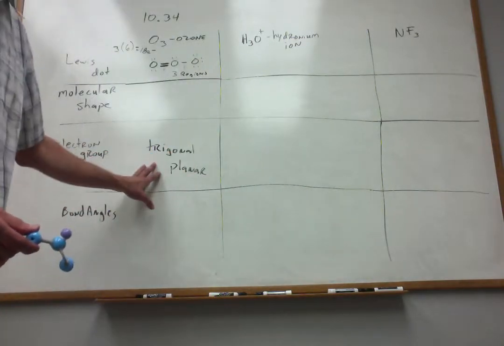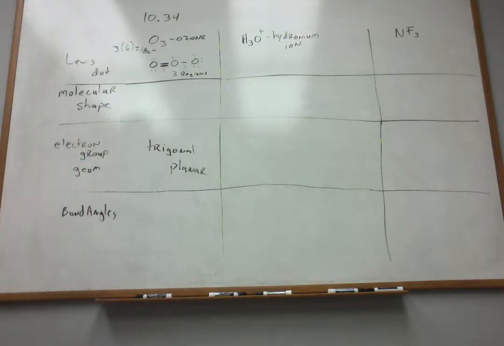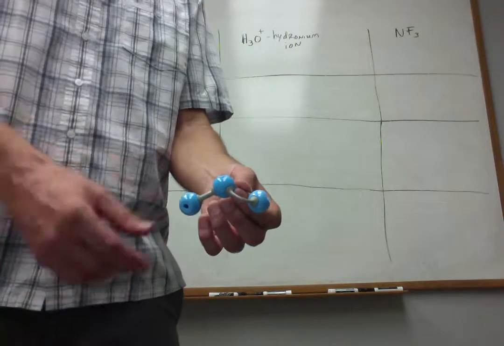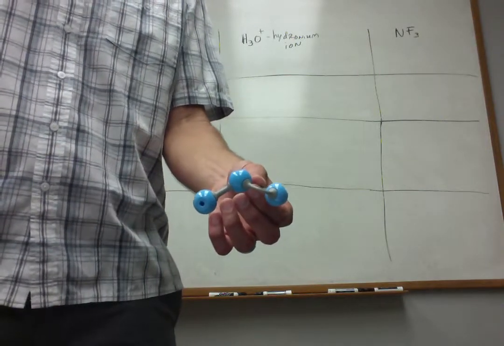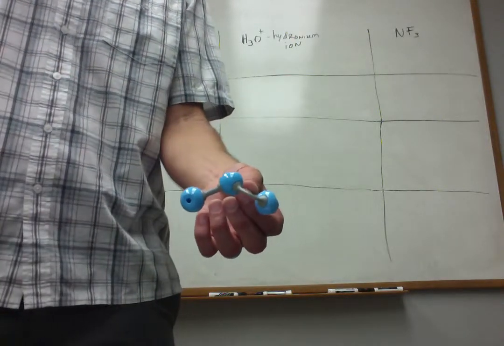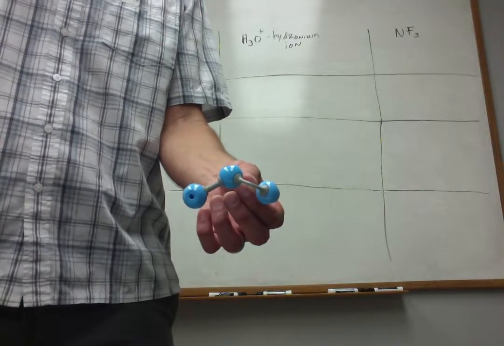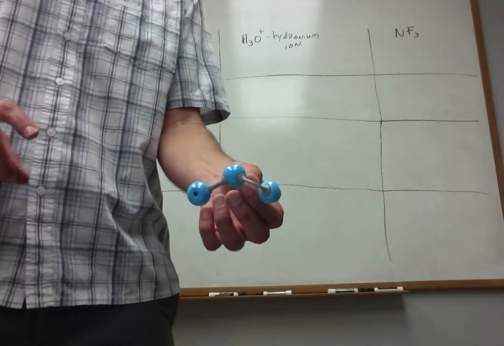That's trigonal planar here. But if I want to talk about molecular shape, or the shape of molecules, the situation is different. Because if I want to talk about my molecular shape, I do not consider the lone pairs. So you see I've removed that purple sphere. Do not consider the lone pairs for molecular shape, and that's the difference.